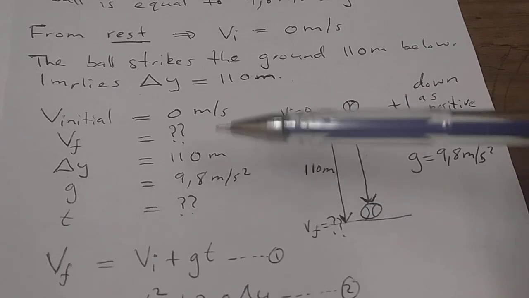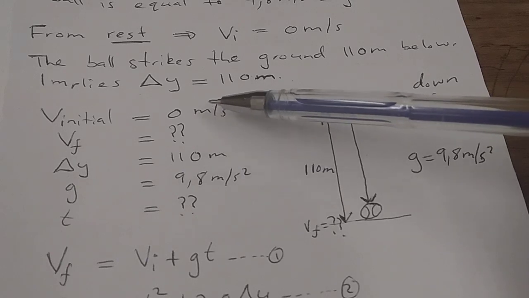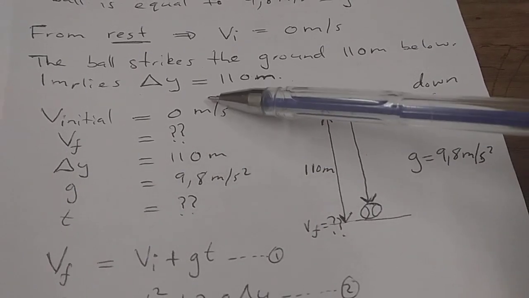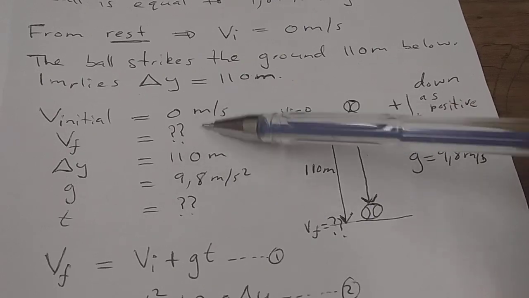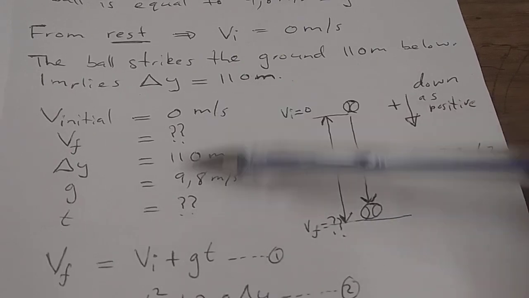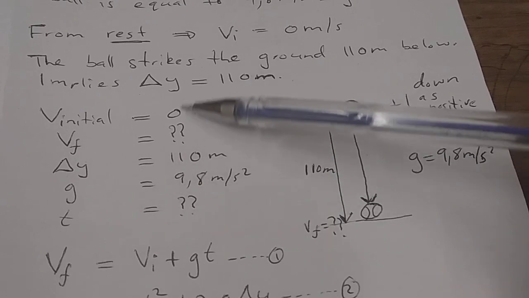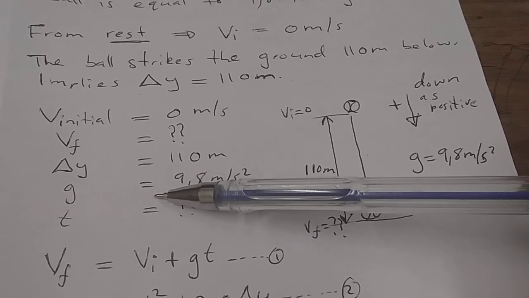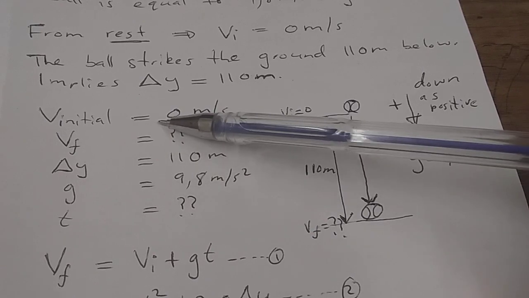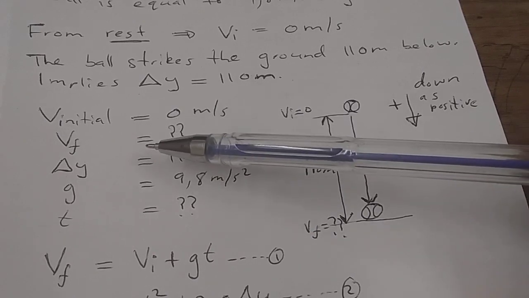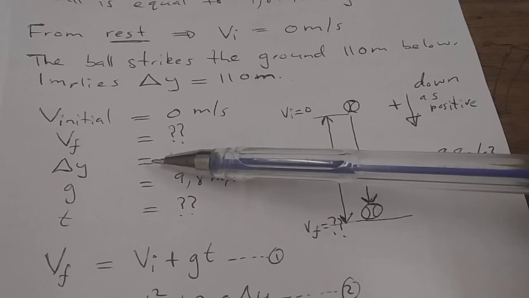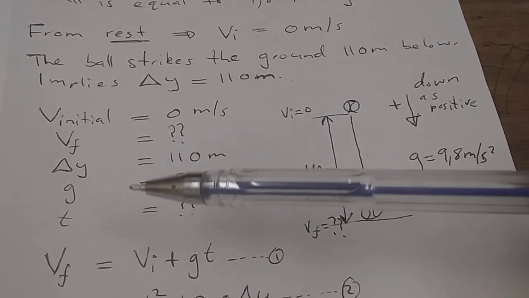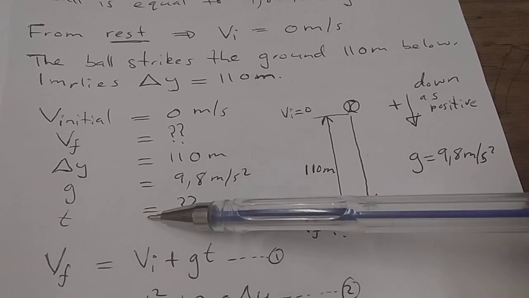We are always given this 5 number summary in each and every question in a straight line. You must notice that you'll only have 5 things which you must always have: your initial velocity, final velocity, change in y or change in x, acceleration or gravitational acceleration, and you must always have time.